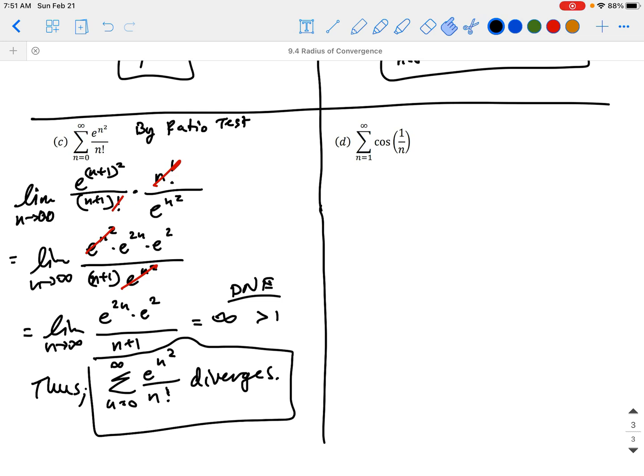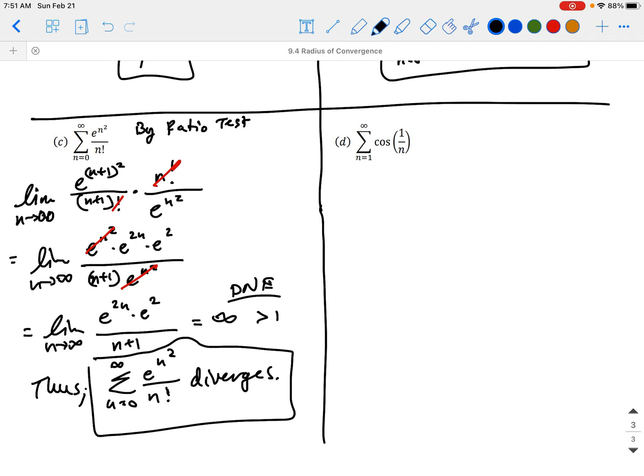Right? So we'll note cosine 1 over n is going to alternate between positive and negative numbers as n changes, or is it? Note 1 over n is going to approach 0. So it looks like these are positive.